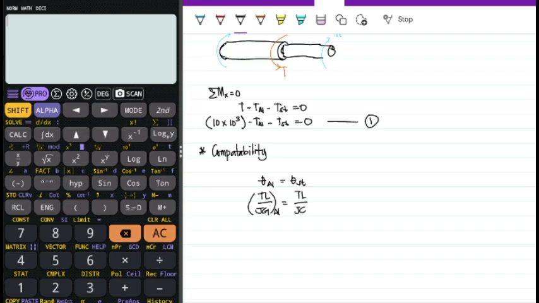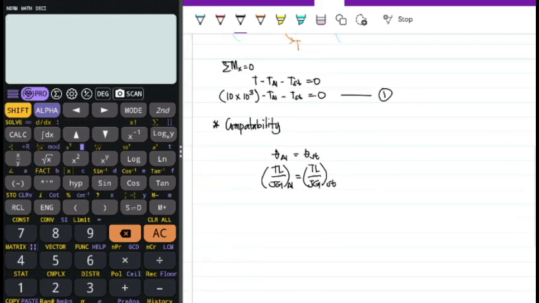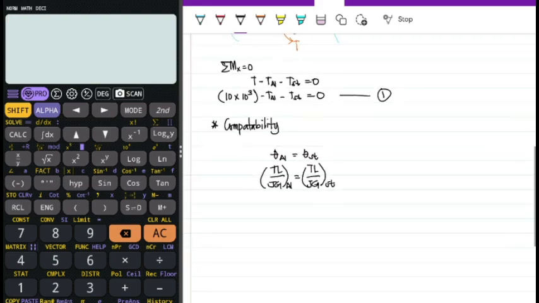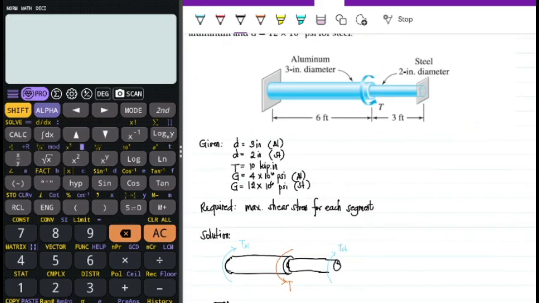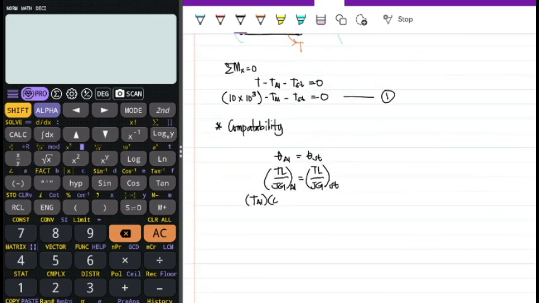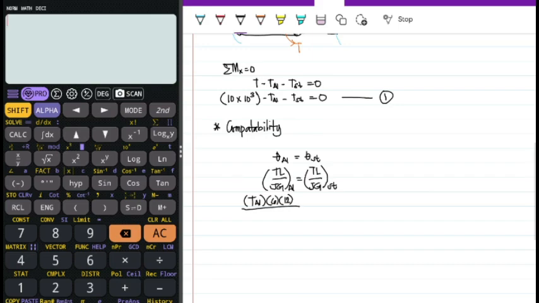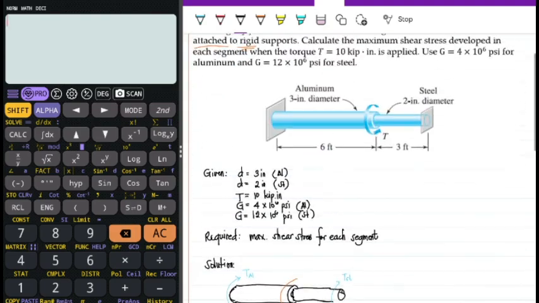Next, we derive now our compatibility. Just like what I said, if you try to rotate our aluminum and our steel at the point where we joined them, both will simultaneously rotate as well.